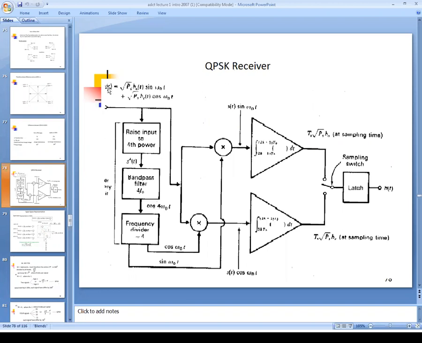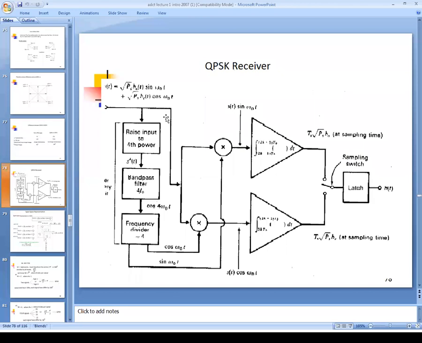So in the QPSK receiver, we receive the data. The received data is root Ps b naught(t) cos(omega naught t) plus root Ps b(t) cos(omega naught t). This is what is received here. We can neglect theta, though theta can be added for our convenience only.